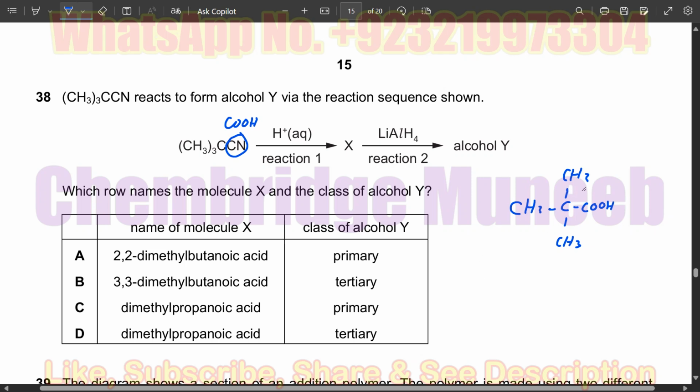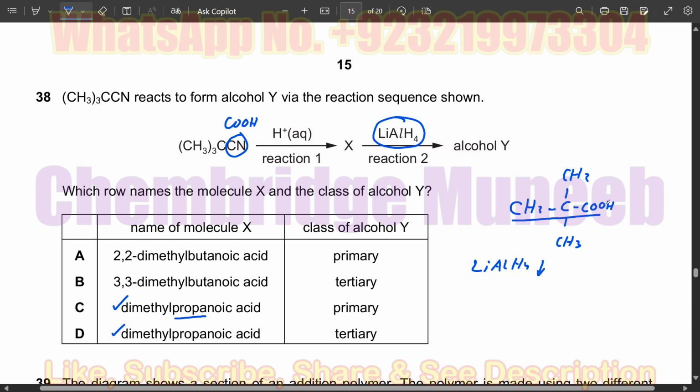Now we have dimethyl propanoic acid present here. Because there are three carbon atoms here, it should be the propane part. So dimethyl propanoic acid is there, and this compound will further react with lithium aluminum hydride, LiAlH4, and this will convert into the alcohol.